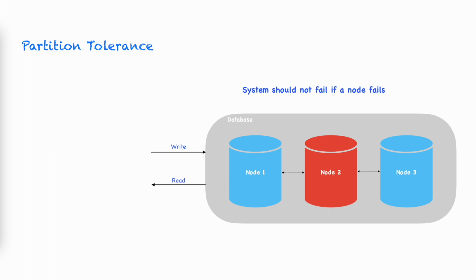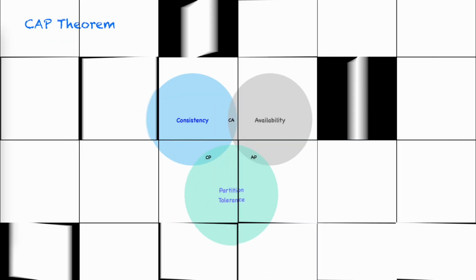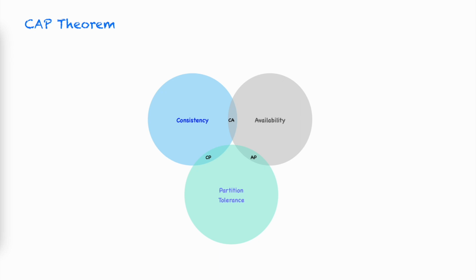Now let's see all these three properties together and see how exactly the CAP theorem defines them. So now let's see what the CAP theorem is. As we discussed, it applies to three basic properties: consistency, availability, and partition tolerance. Out of these three properties, only two can be available in a particular distributed system or database.